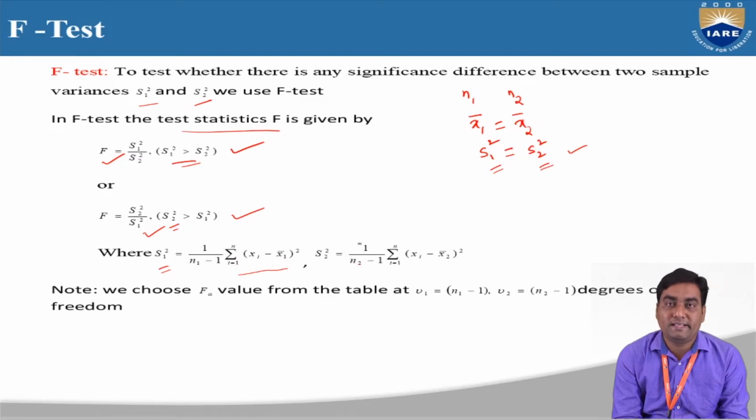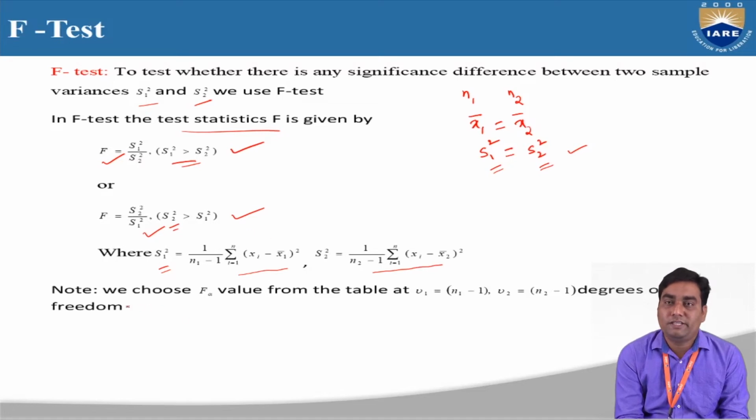And s2 square is 1 by n2 minus 1 sigma xi minus x2 bar whole square, the sum of squares of deviations from the second sample mean. These are the s1 square and s2 square formulas. After getting them, we use F equal to s1 square by s2 square or s2 square by s1 square.